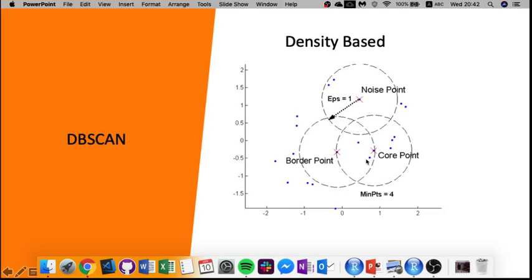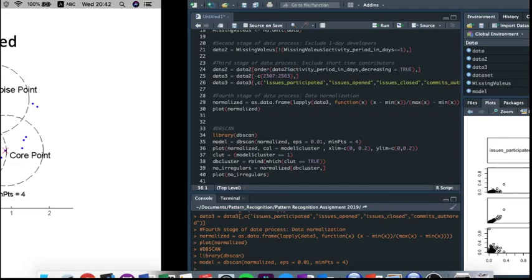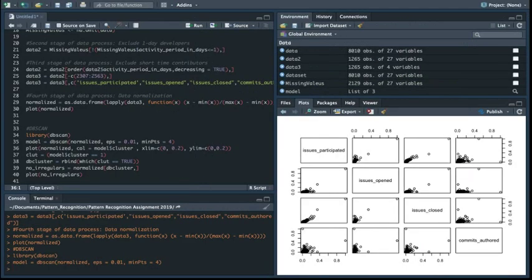And when something is not a core point, it is a noise point. So we define the radius of the circle of each point to be 0.01 as we just normalized the data, and each neighborhood has to include 4 points in it to not be noise.